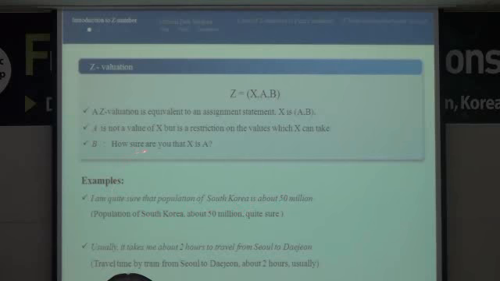And how sure you are that the population of South Korea is about 50 million? I'm quite sure. Another example is, usually it takes me about 2 hours to travel from Seoul to Daejeon. Variable is travel time by train. The constraint is about 2 hours. And how sure you are that this time? It's usually.